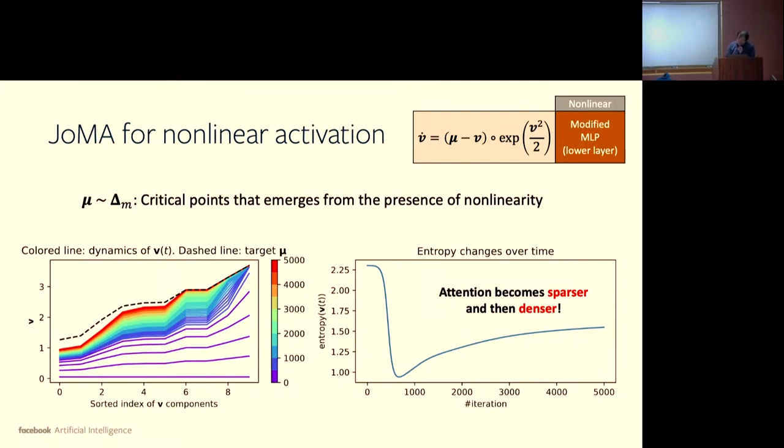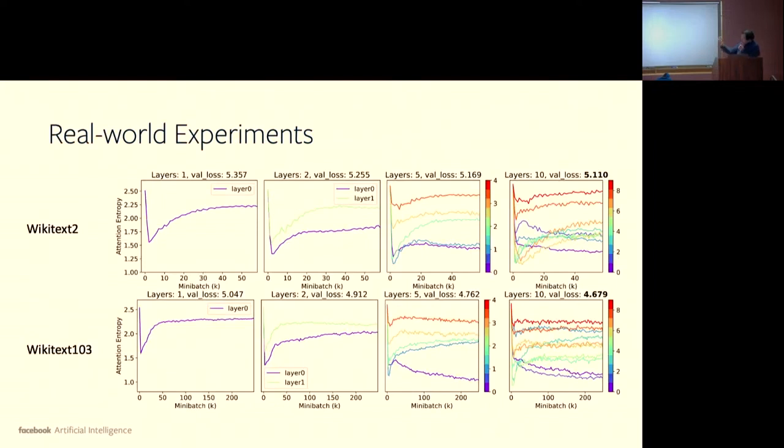I don't want to go into details for this one because there's a lot of math there, but we first want to check whether this is consistent with real experiments. We have trained our multi-layer transformer models on two different real-world datasets: one is WikiText2 and the other is WikiText103. You're going to see exactly the same curve as predicted by the theory.